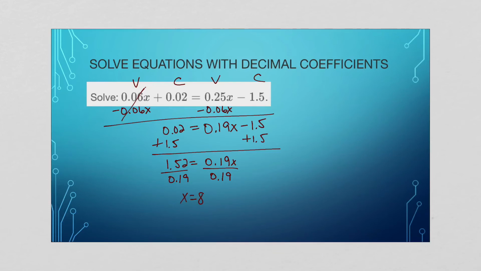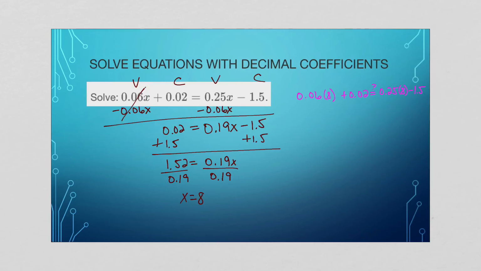Alright, so now test it. See if it works. So I'm going to put 8 in wherever I see x. So 0.06 times 8 plus 0.02. Does that equal 0.25 times 8 minus 1.5?